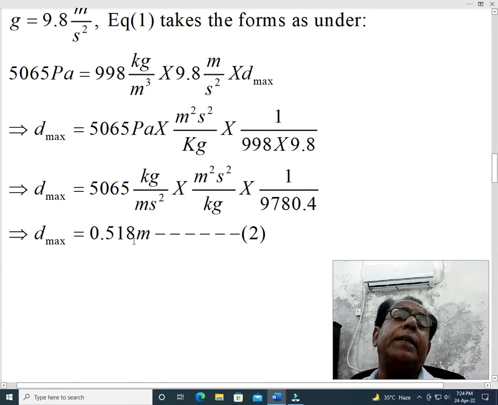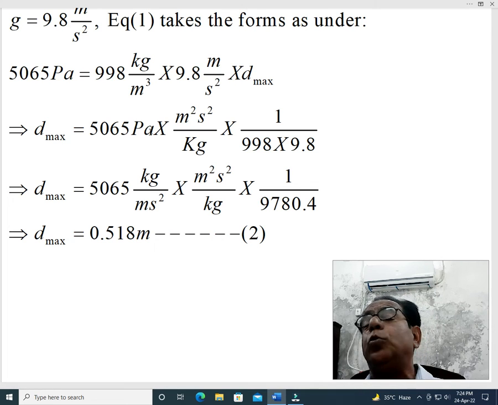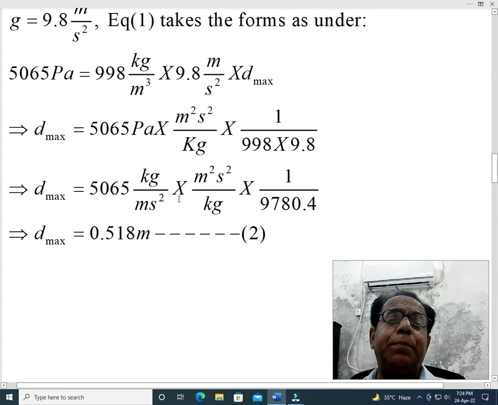Dear students, here we know that 1 Pascal is equal to 1 Newton per meter square. In terms of units, this is m square and this is simply m.